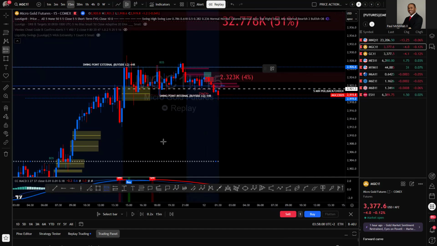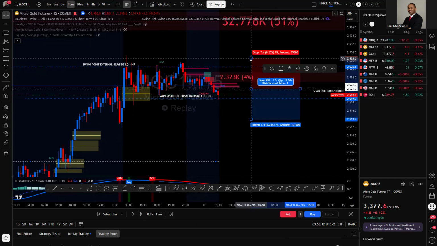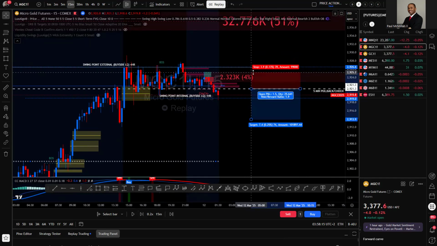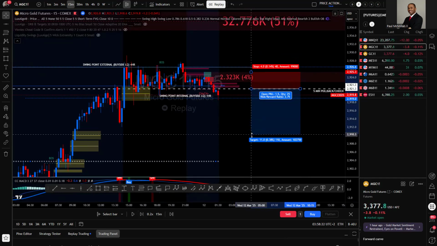So let's go ahead and plan our trade here. We can put a stop loss right up here. And I would probably target this low, maybe down to these fours.